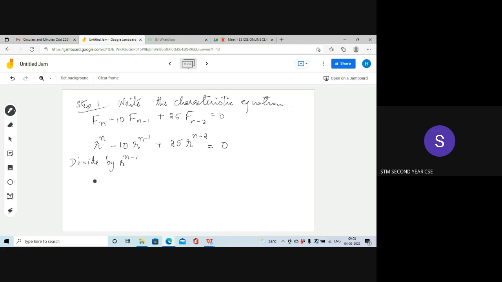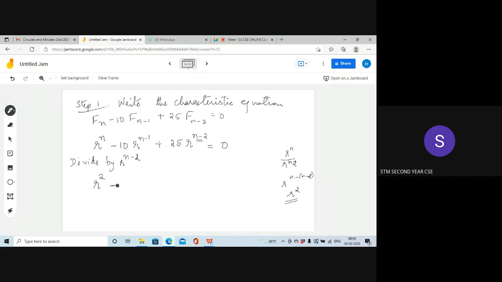What is the first term? R raised to n divided by r raised to n minus 2. Sorry, the lowest term is n minus 2, so you will get r raised to 2.